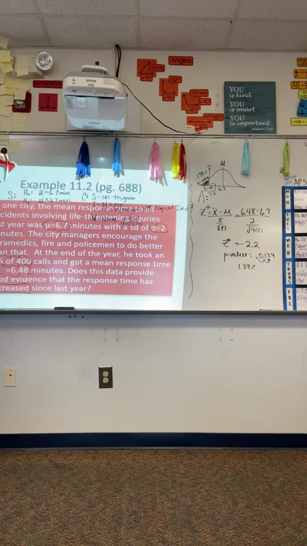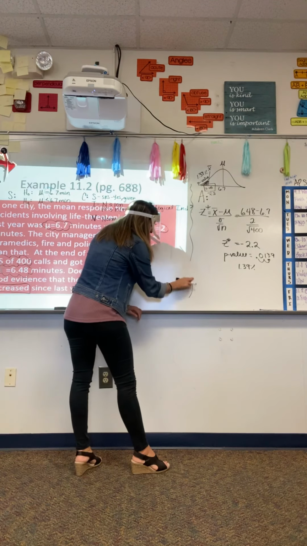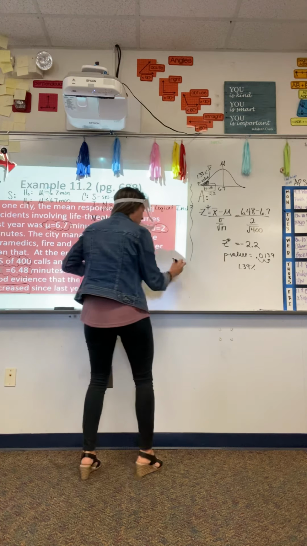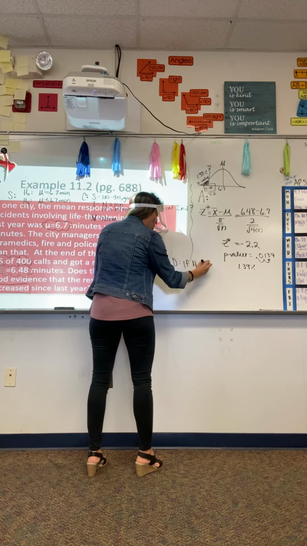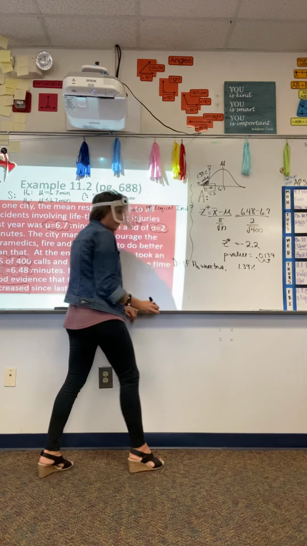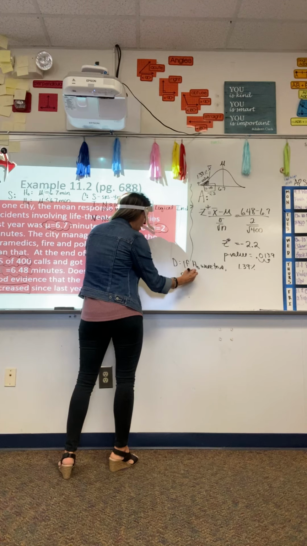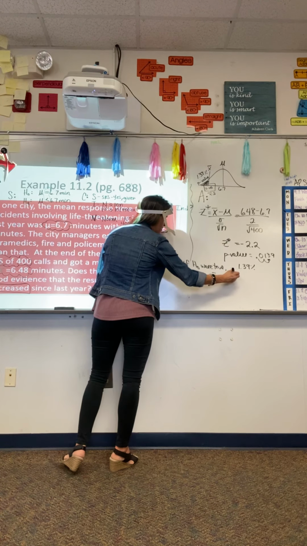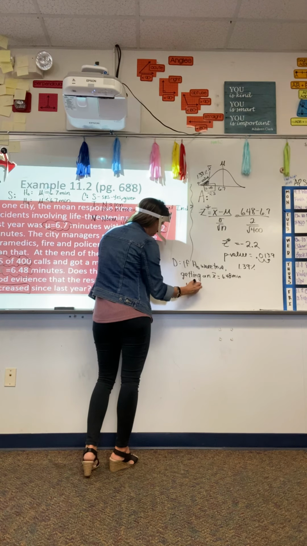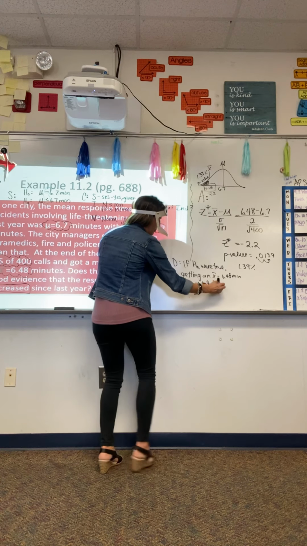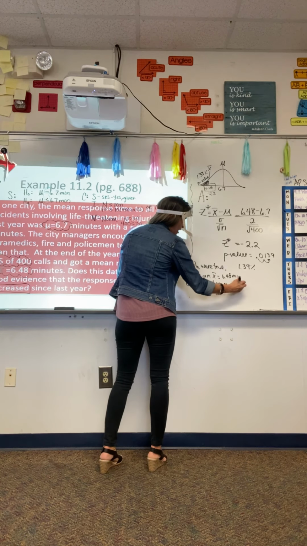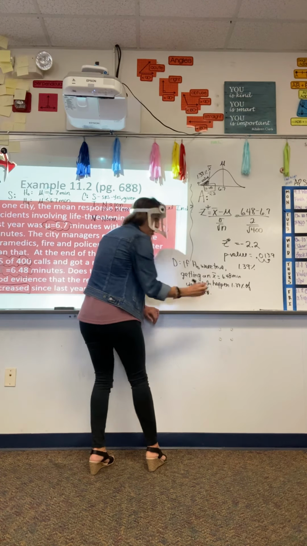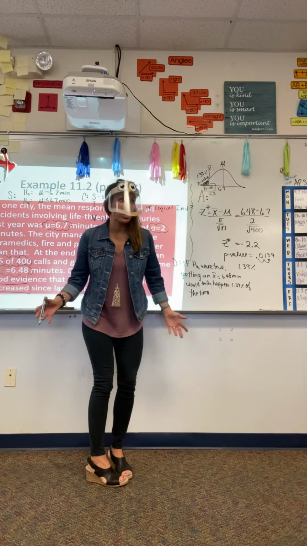So since my p-value is so low, I'm going to go over here and write my decision. All right, so if HO were true, getting an X bar equal to 6.48 minutes would only happen 1.39% of the time. 1.39% of the time, that's pretty rare, right?